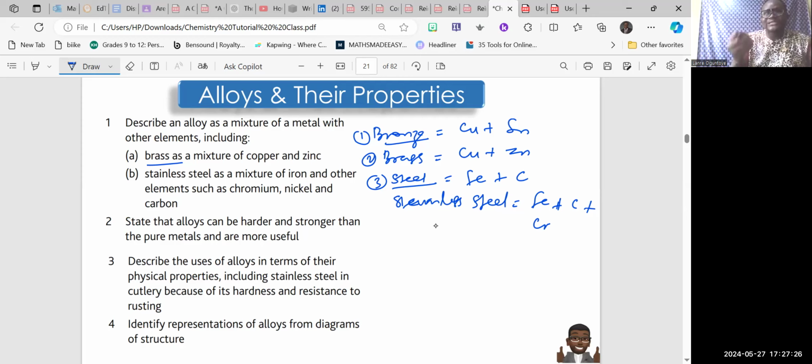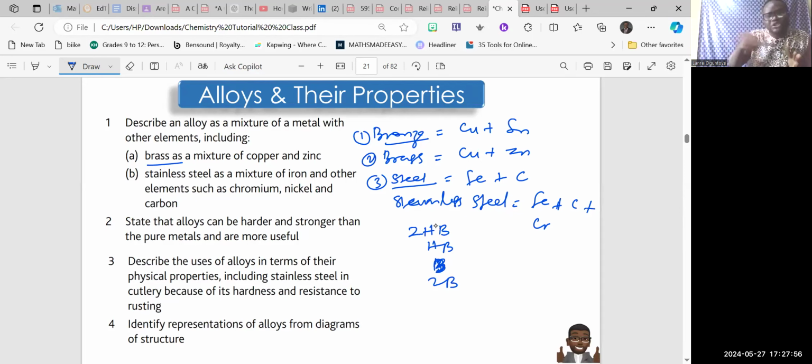Something you can easily understand is your pencil. We call it HB. You see the HB pencil, then you have B and you have 2B. Those of you who do art have pencils like this. B means brittle. The one that is too brittle, 2B, means the pencil can quickly finish.